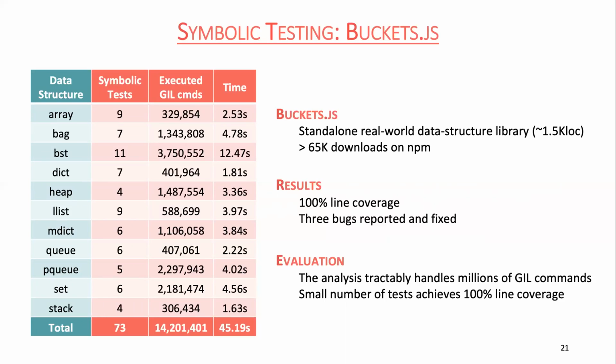And we got him to do the symbolic tests, and he did them really well without knowing so much about GILLIAN and with GILLIAN-JS, although he did have us helping answer questions every day. And even though the library is well used, we found bugs and they were fixed. And this is the sort of order of GILLIAN commands we're handling in this sort of time.